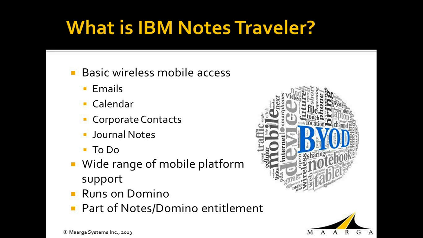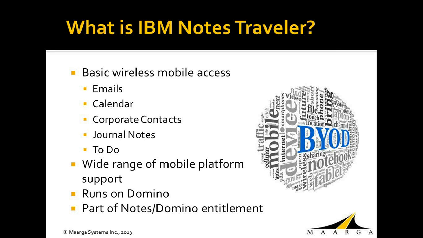So Notes Traveler is entitled for all Notes and Domino users, where you can make use of Traveler and encourage your users to bring their own device and make your corporate information, emails, calendar, and other information available on their smartphone mobile devices.